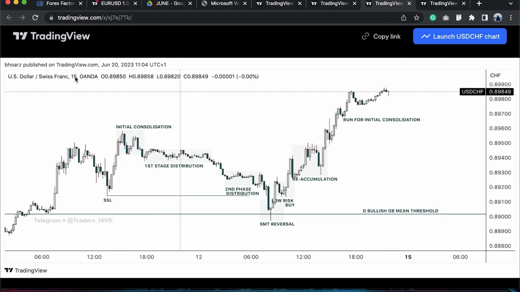This is a 15-minute time frame. We've run below a short-term low where sell side will be resting, and by running below that low, we are inducing even more retail. When I say retail, I don't just mean M2 traders. There are more participants in the marketplace than you think.